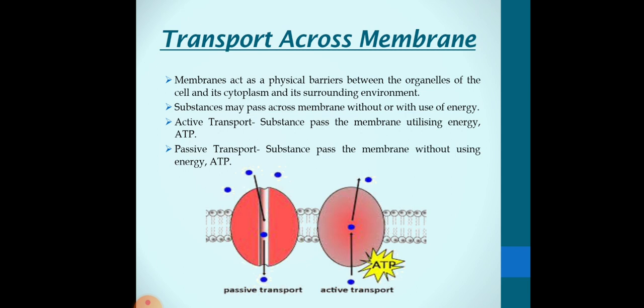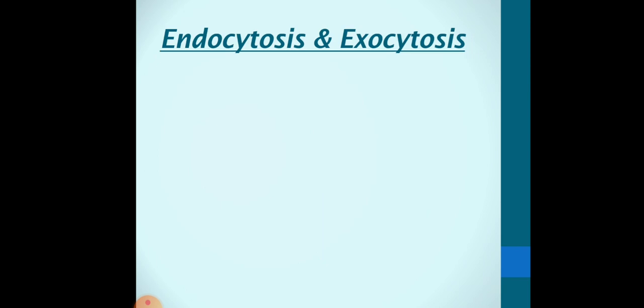The energy here is ATP. Clear? So the transport across the membrane takes place in two ways, either by using energy or without using energy. When energy is used, it is called active transport, and when energy is not used, it is called passive transport.